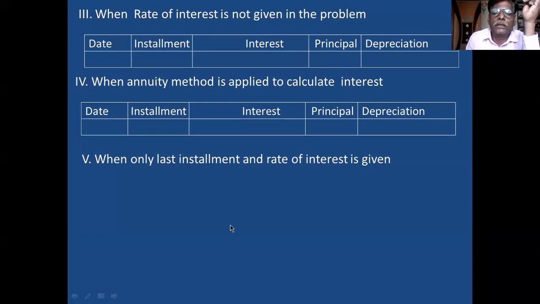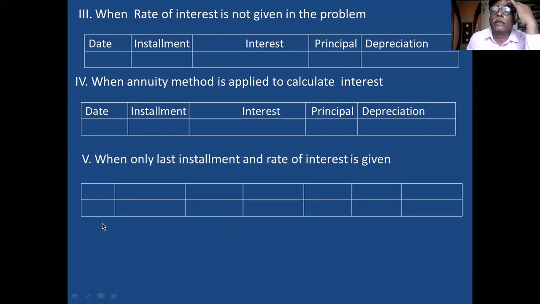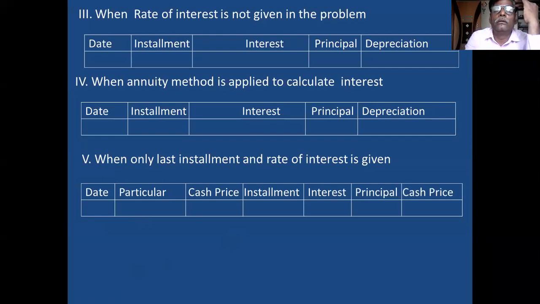For this type of problem, we apply the first method. Whatever I already explained in the first method, the same one is applicable here. Date, particulars, cash price, installment, interest, principal and cash price.